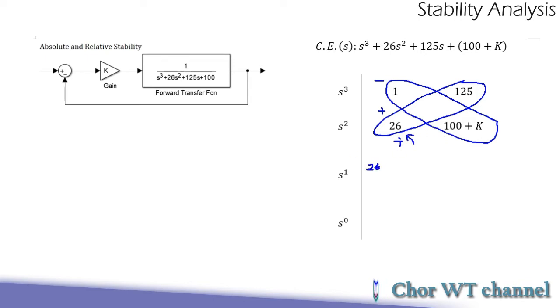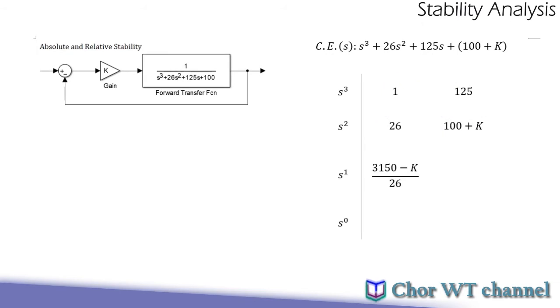It will be 26 multiplied by 125 minus 100 plus k, divided by 26. The final product will be 3150 minus k divided by 26. Because we have an empty column over here, which has nothing, this term will always be 0.